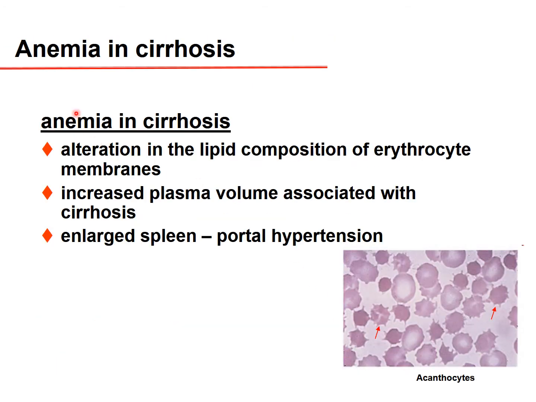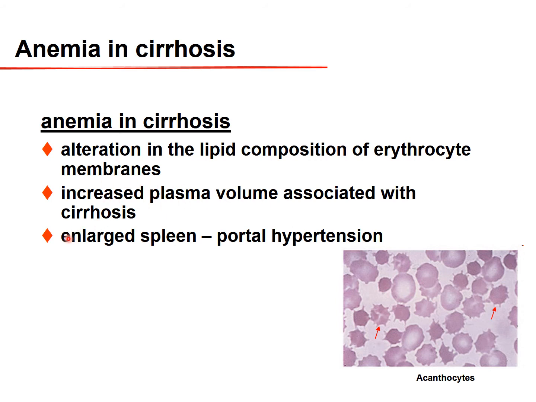Now, anemia in liver diseases or in cirrhosis can develop possibly due to a multifactorial effect, such as the lipid composition of the erythrocyte membrane. This is why hemolysis will increase. So the phospholipid synthesis and lipid abnormalities alter the membrane, or there is increased plasma volume associated with cirrhosis. This again can cause hemodilution.